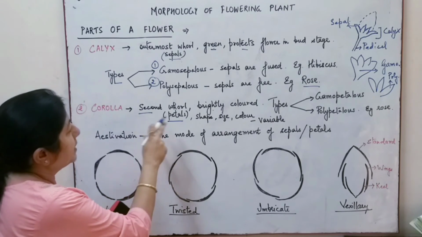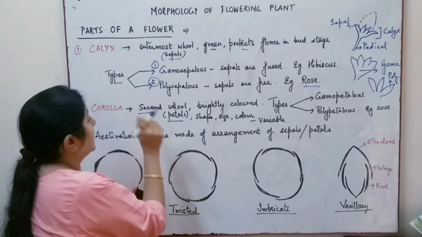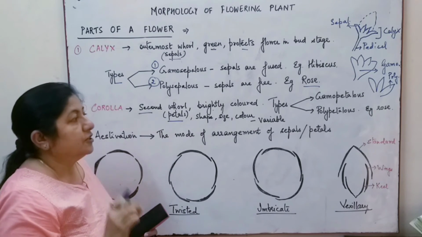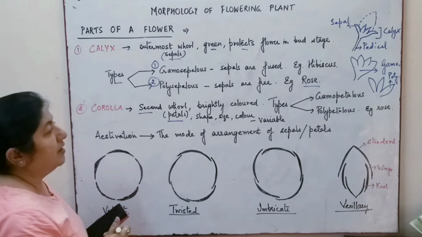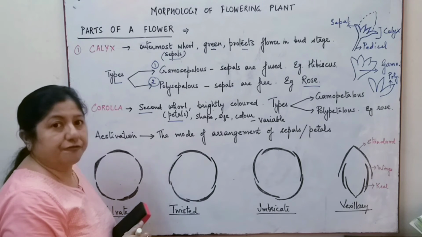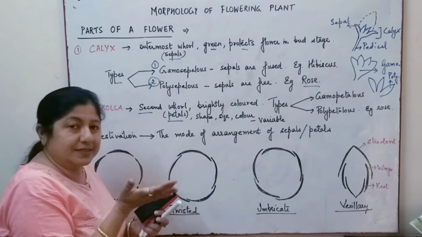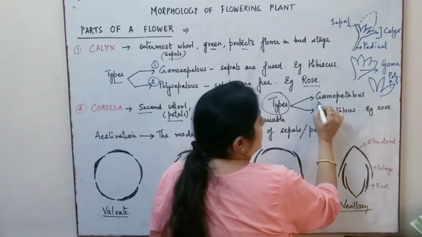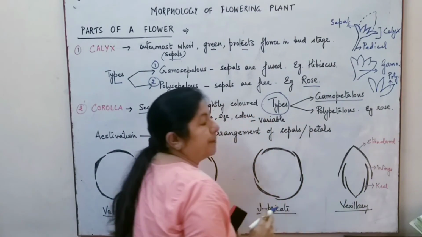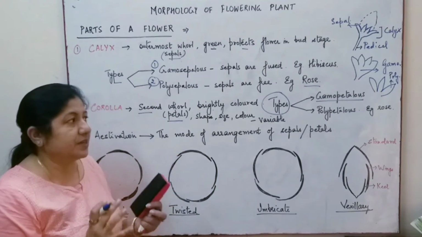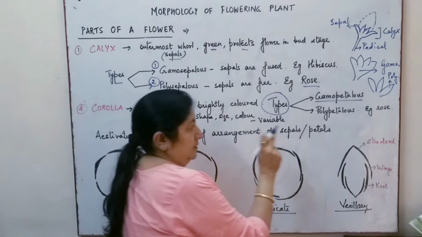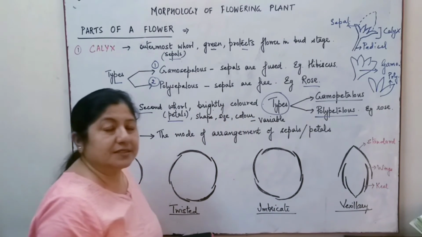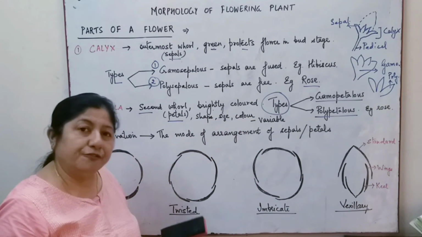Now, similar to the calyx, the corolla is made up of petals. So the petals over here are forming the corolla, and that is the second whorl. The same we are observing in this case also: the gamopetalous condition, when the petals are united and fused, and the other condition is polypetalous, in which the petals are free.